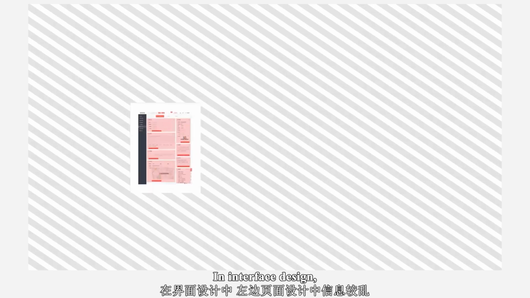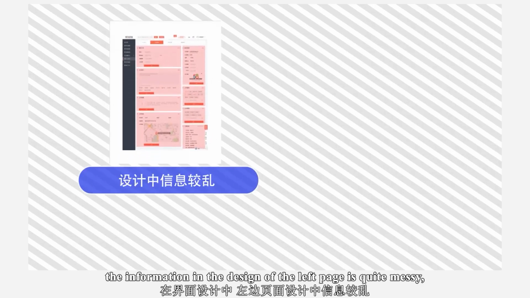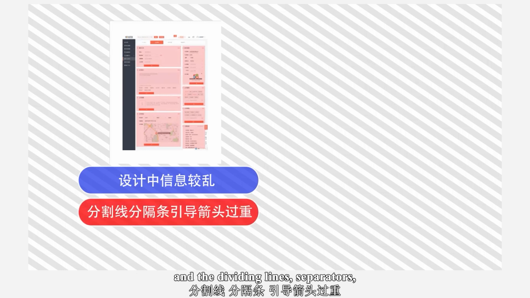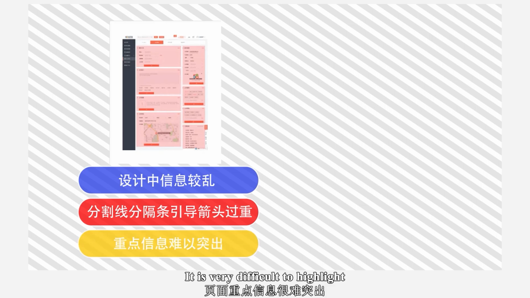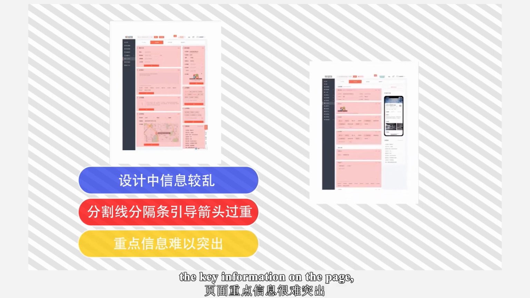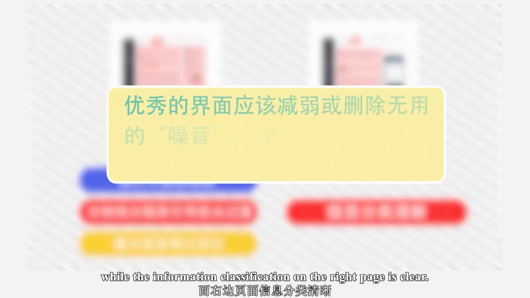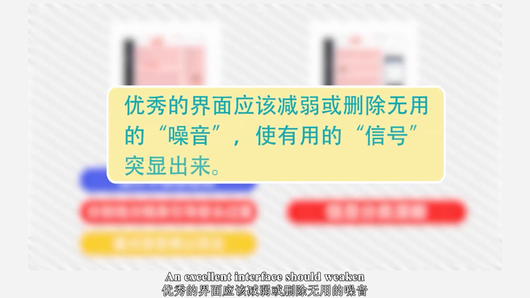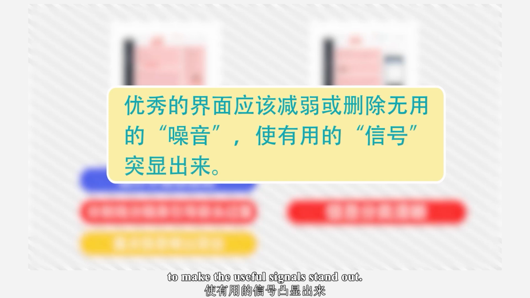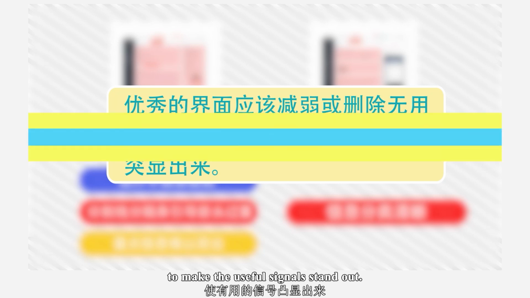In interface design, the information in the design of the left page is quite messy, and the dividing lines, separators, and guiding arrows are too prominent. It is very difficult to highlight the key information on the page, while the information classification on the right page is clear. An excellent interface should weaken or delete the useless noise to make the useful signals stand out.